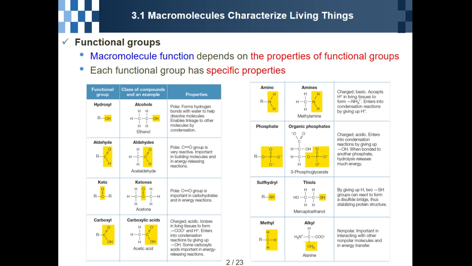So you don't have to memorize all of their function and property. Each functional group has a specific property. For example, the aldehyde group is very reactive, and the carboxyl group is very acidic.